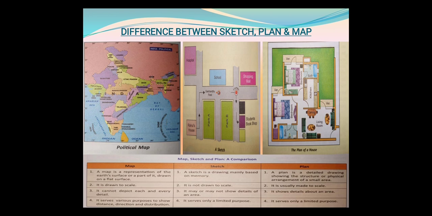A sketch is a drawing mainly based on memory but not drawn to scale, whereas a plan is a detailed drawing showing the structure or physical arrangement of a small area. It is usually made to scale. Sketch may or may not show details of an area, but plan shows details about an area.